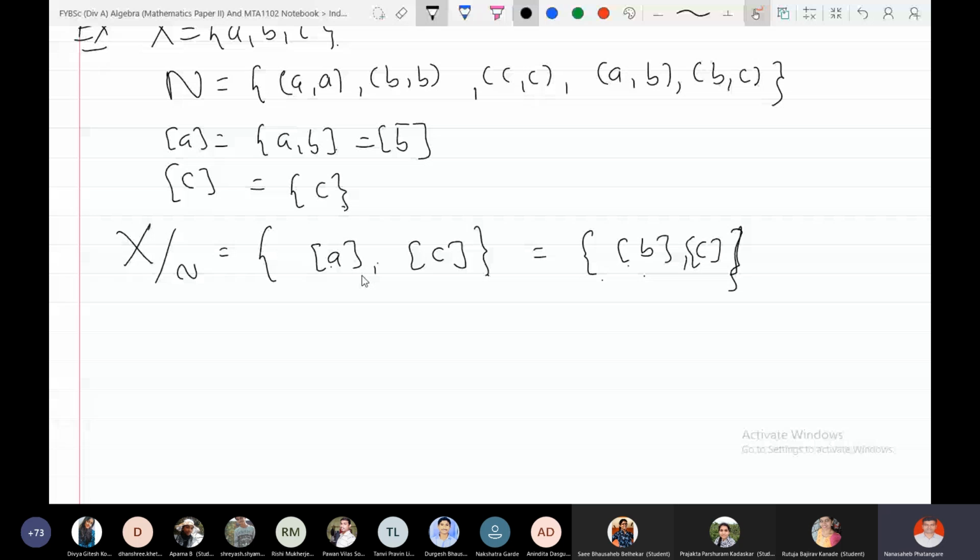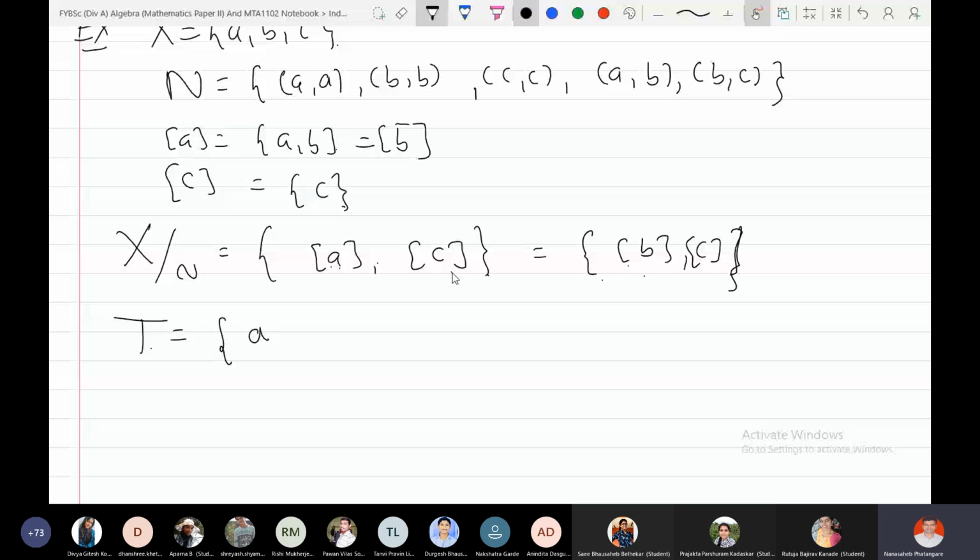Now I am going to select one member for the transversal T. I will choose one representative from the class of A. Which representative can I select? I will select A. And I will select one representative from the class of C. Right, this is a transversal. I can have another transversal.